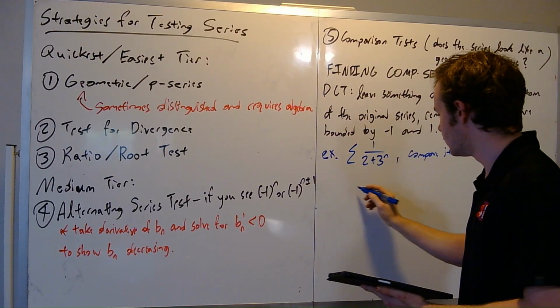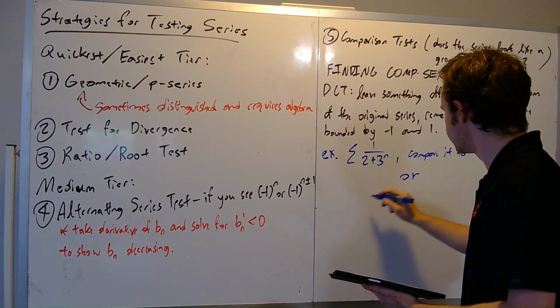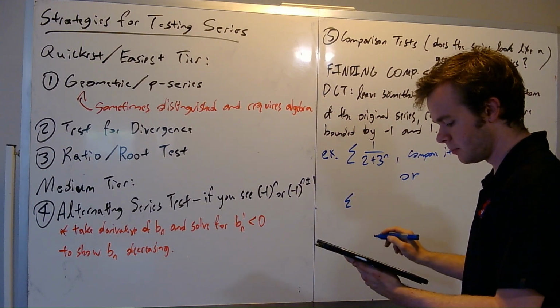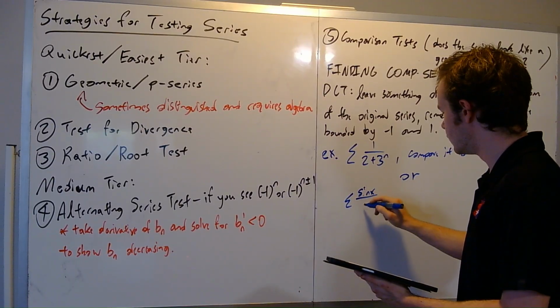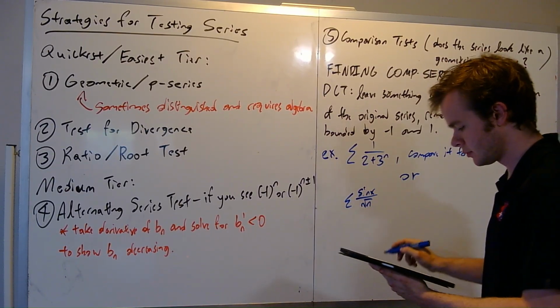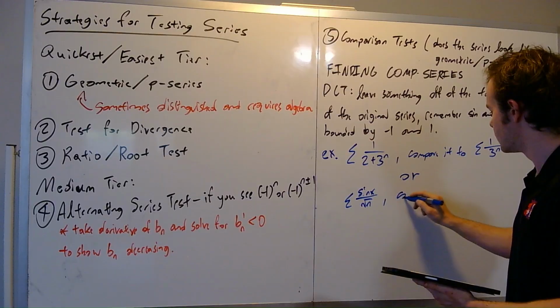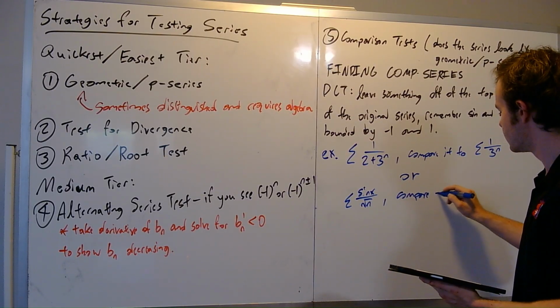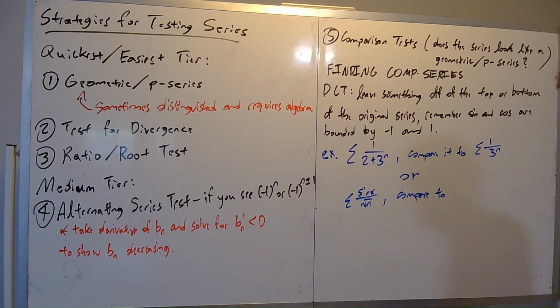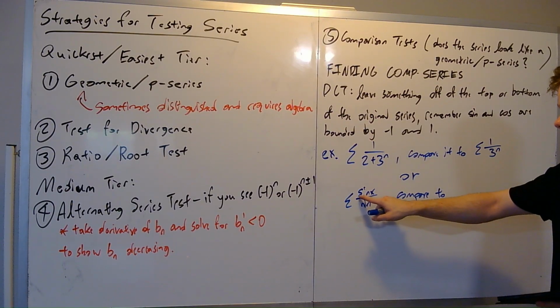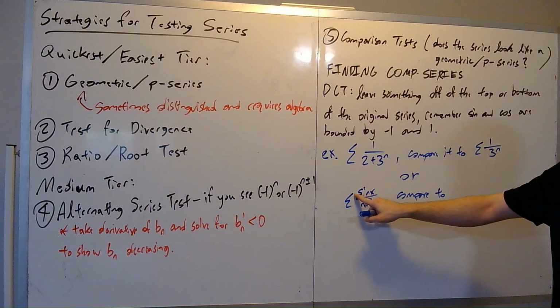And similarly, if you had something like the sum of sine x over the square root of n, well, as we said, sine is bounded between -1 and 1, so the biggest value that this is going to take is +1.